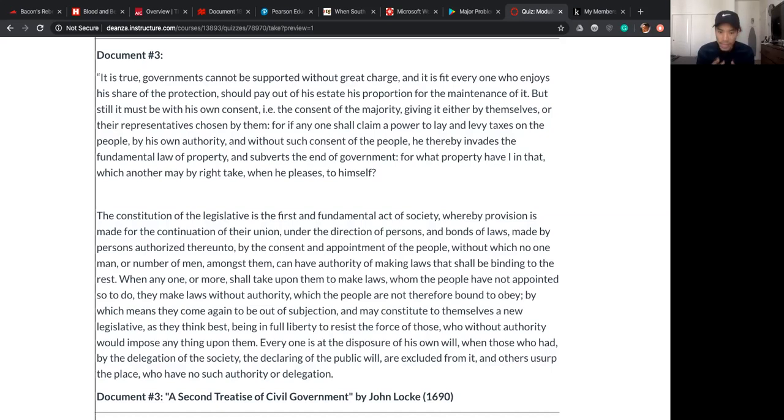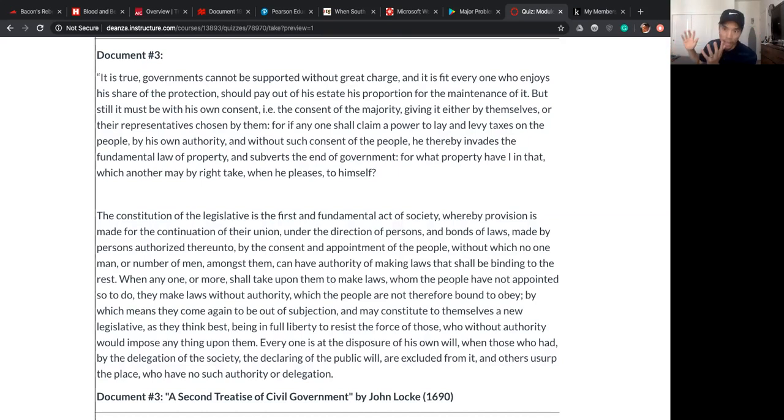And again, in this document, John Locke is trying to explain to the English people what responsibilities, what duties a government has, okay? That's it, guys. He's trying to explain to his people, here's why we have government. Here are its duties.